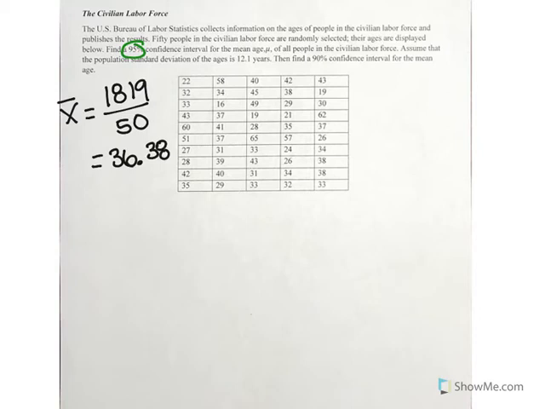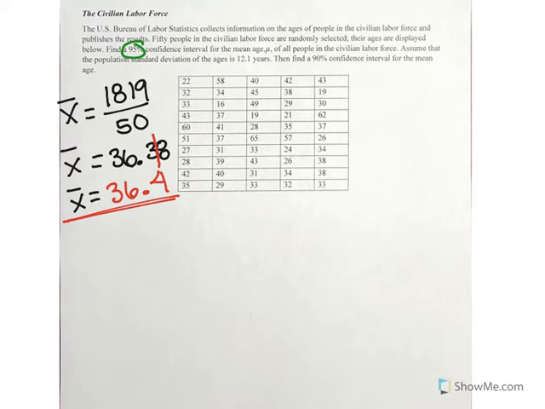That gives us 36.38. On the first example, we were dealing with money. This is not money, this is ages. So let's round to 1 decimal and let that be your go-to for your mean. So this will be 36.4. That's our sample mean of these 50 people's ages.